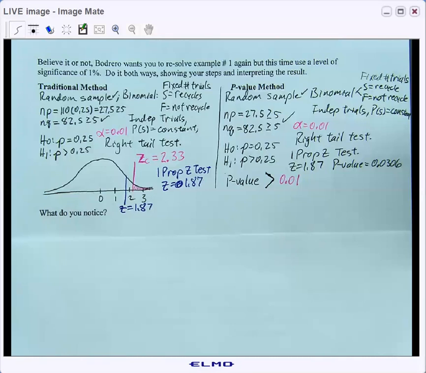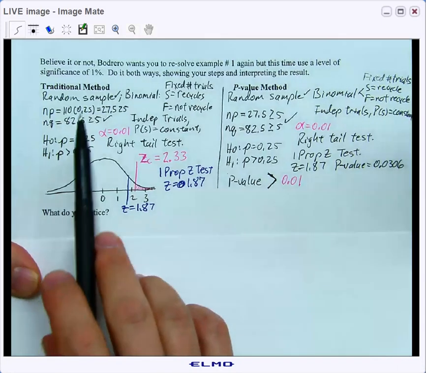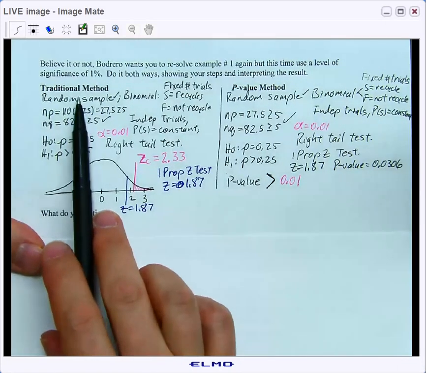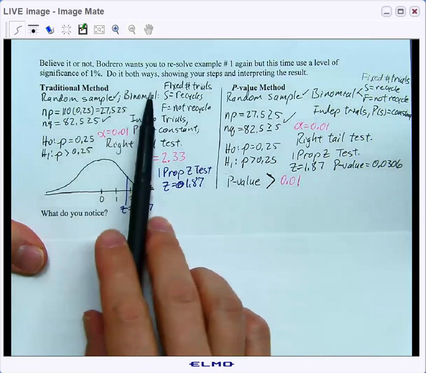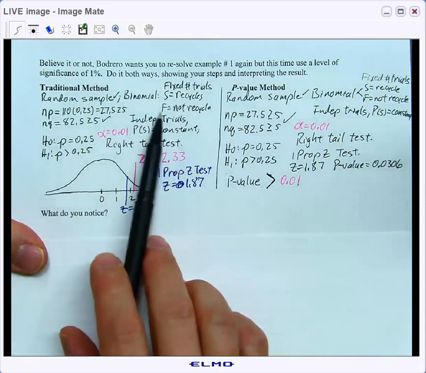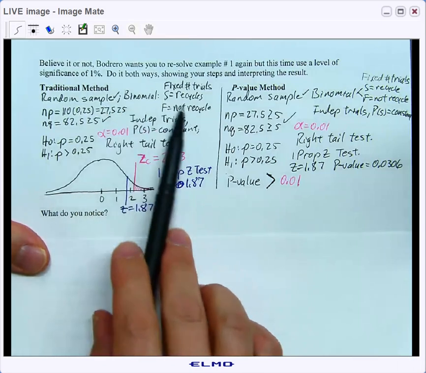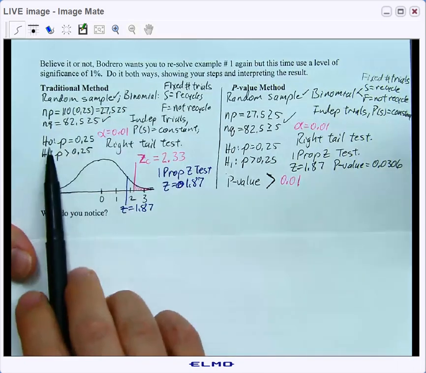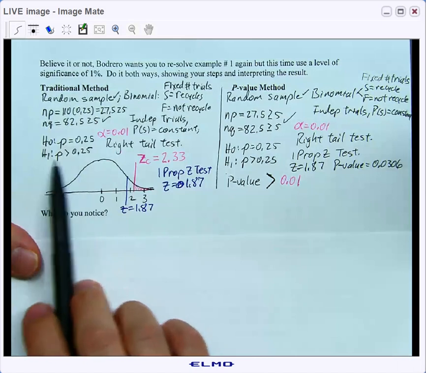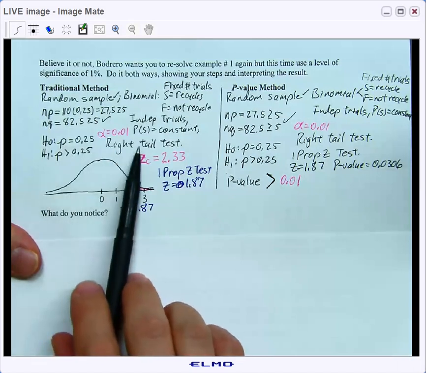All right, so you've had a minute to work through these. Let me give a quick summary of what I did here. So we did our traditional method where we did our requirement check. It's a random sample. We show that it's a binomial. We check that np and nq were greater than or equal to 5. We will be looking for this. Our null and alternate hypotheses, we notice it's a right-tailed test.